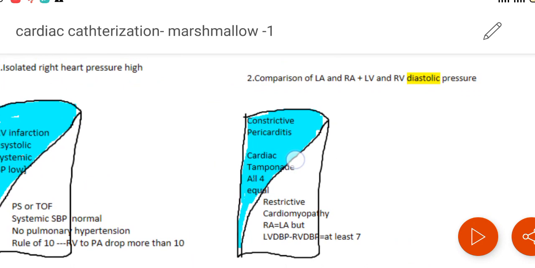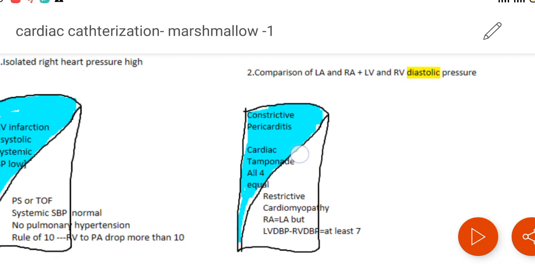We can divide into two, whether it's a right ventricular infarction, or the other possibility is the pulmonary stenosis or the tetralogy of Fallot. So how we differentiate the two, that is with the right ventricular infarction, systemic systolic blood pressure will be low. With the pulmonary stenosis or the tetralogy of Fallot, systemic blood pressure will be normal, and there's no pulmonary hypertension. We get a gap of 10 between the right ventricle and the pulmonary artery. Try to remember, these are important for question solving.